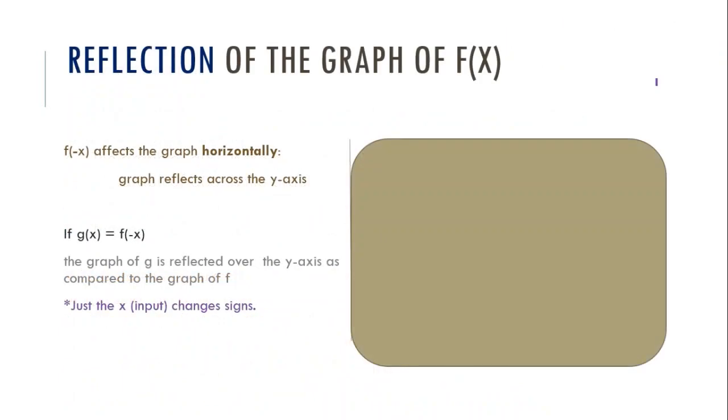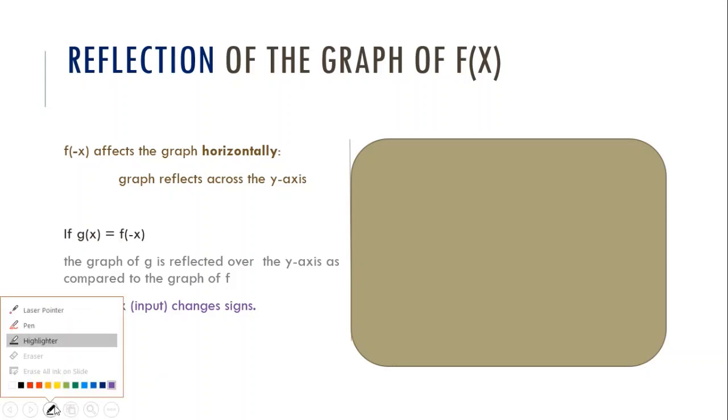Okay, so that takes care of my horizontal, my left to right, and my vertical up to down shifts. Okay, that's 2 of the ways that we can transform a graph. I can also reflect the graph of f of x.